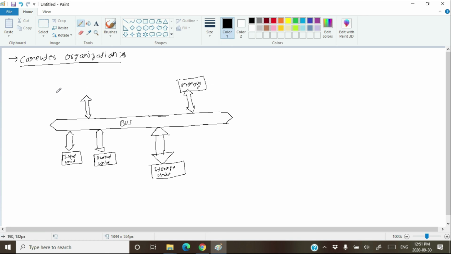I'm trying to create something called CPU. So here you have ALU, you have registers, and then you have controller.